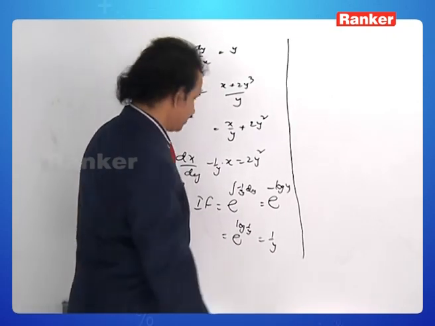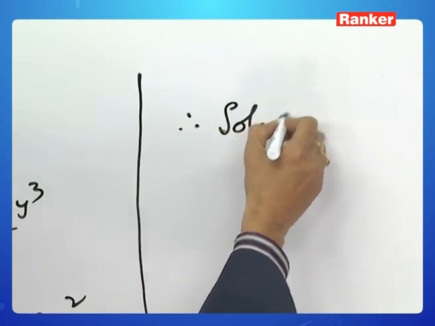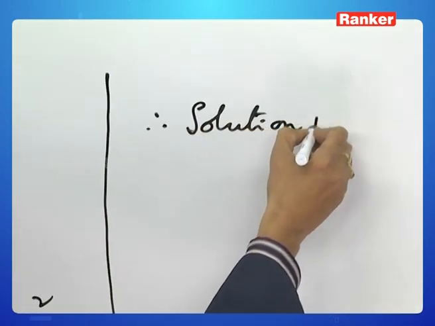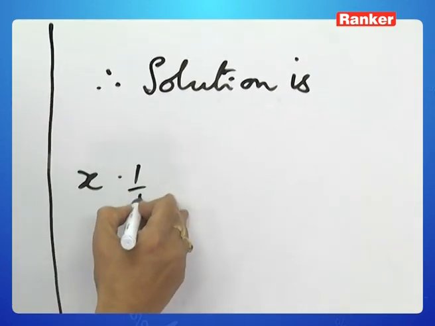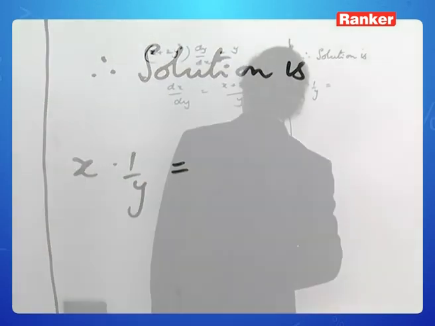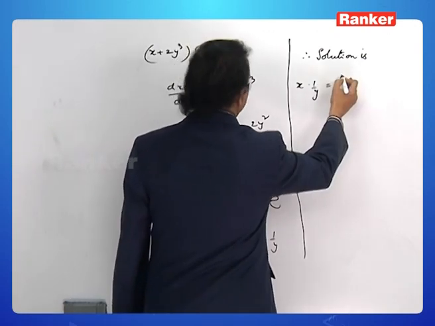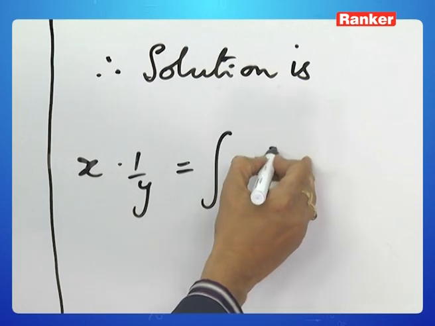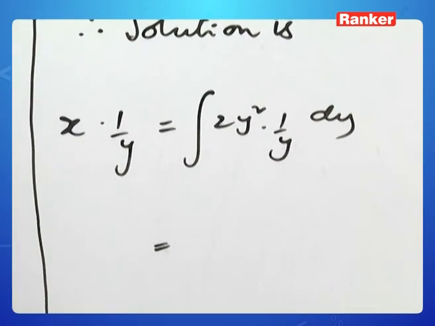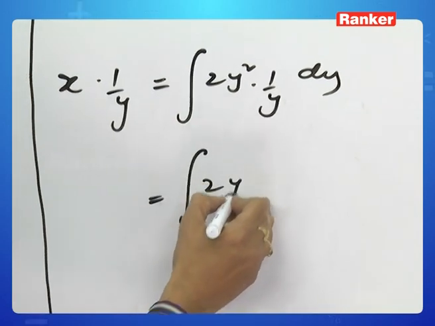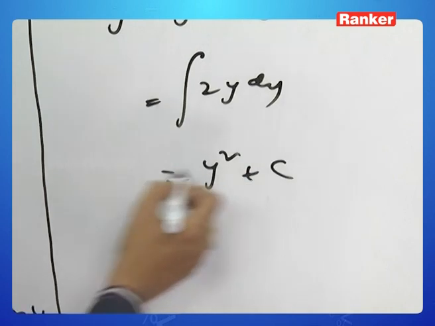Well, what about the solution? Therefore, the solution is x into the integrating factor is equal to the integral of Q into the integrating factor. What is Q there? It is 2y². So 2y² into 1/y dy, which is nothing but the integral of 2y dy, that is y² plus c.